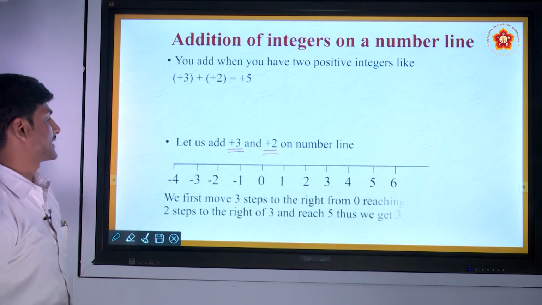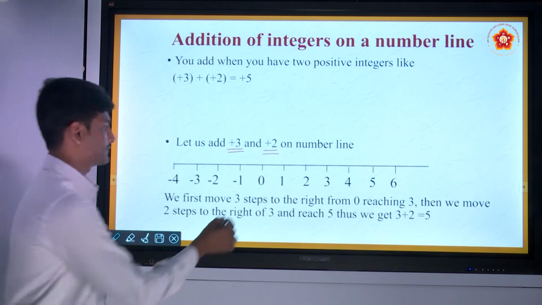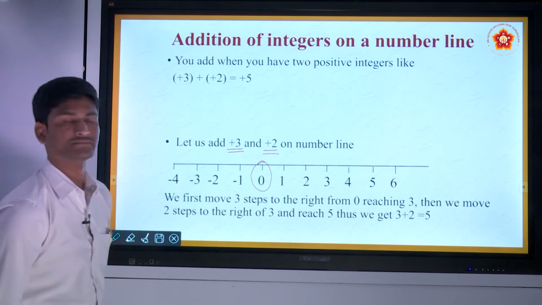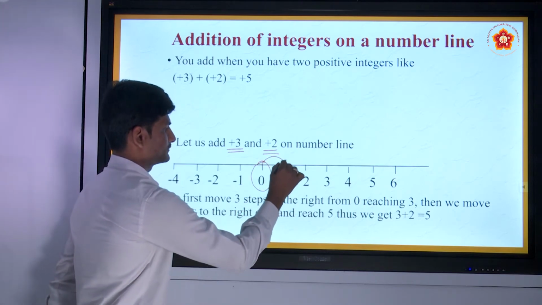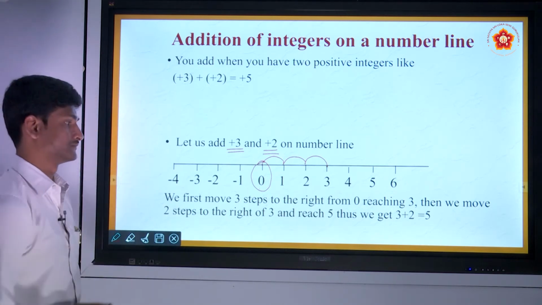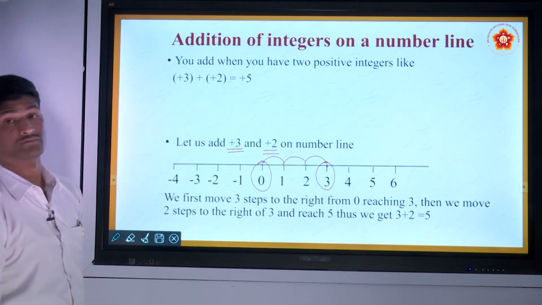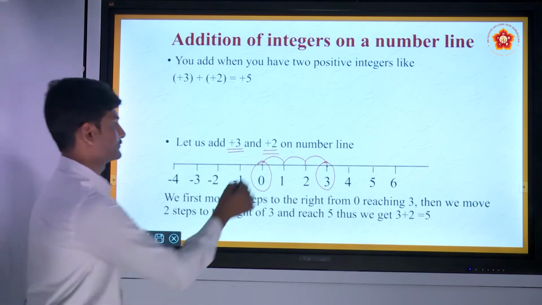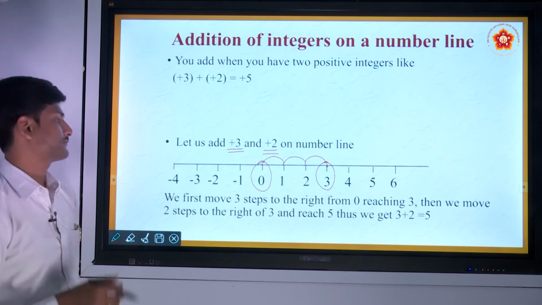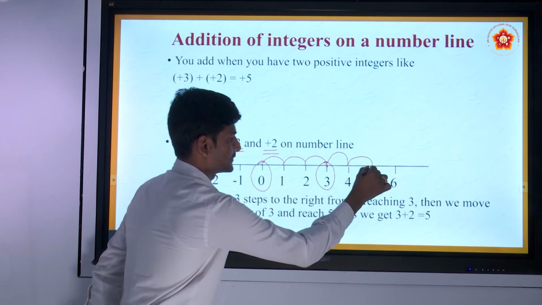Here, let us add plus 3. We start from 0, and for plus 3 we move towards the right side. 1, 2, 3. 3 steps to the right from 0. Then we reach plus 3, right? Then we move 2 steps for plus 2, 2 steps to the right of 3, right?